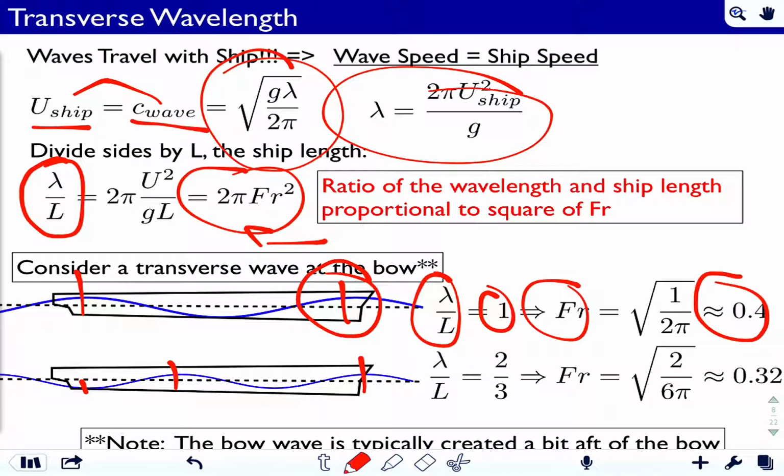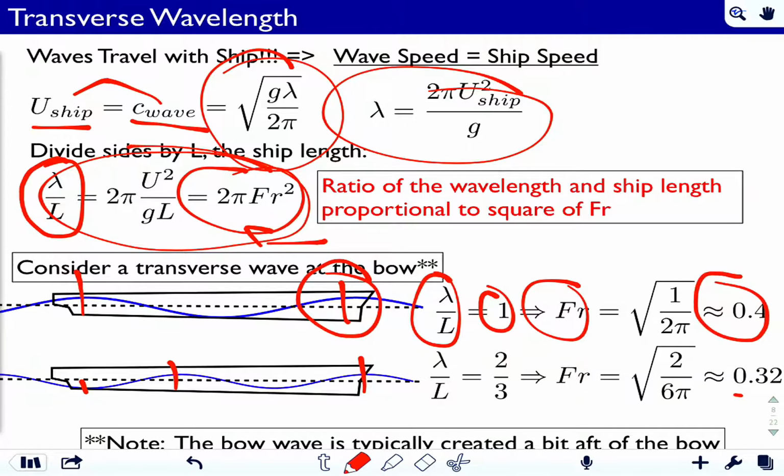So lambda over L equals 2/3, or you can think of it as 1.5 lambda equals L. So lambda over L is 2/3. Solve again for Froude number using this relation up here, and we have a slower Froude number. So you go slower, the transverse wavelength is shrinking. You have more waves along the boat. But we have two examples here, 1 exact wave and 1.5 exact waves, and the corresponding Froude numbers.